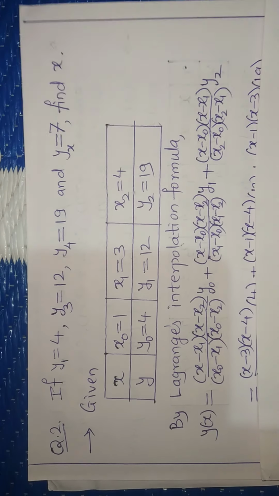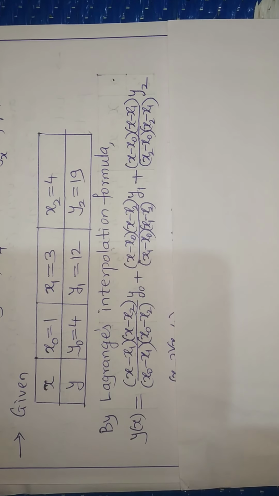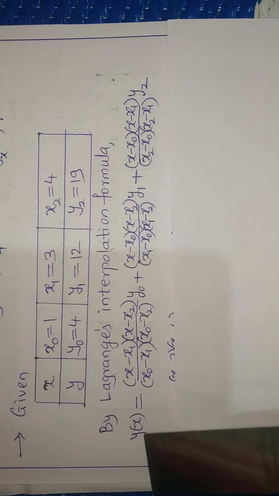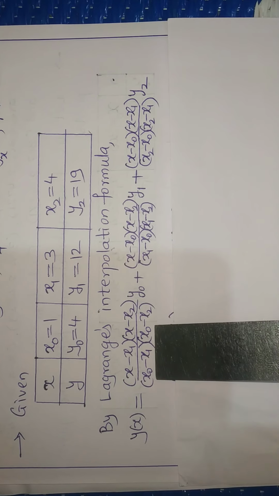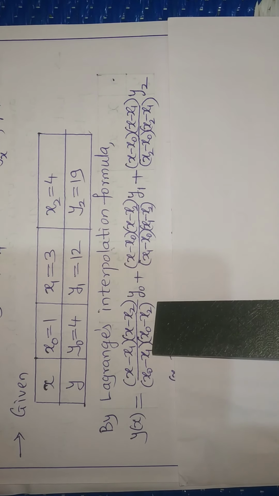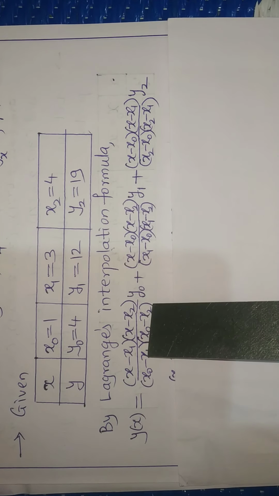By Lagrange's interpolation formula, we have written the formula as y of x is equal to x minus x1 into x minus x2 upon x0 minus x1 into x0 minus x2 multiplied by the functional value of the skipped x0, that is y0.